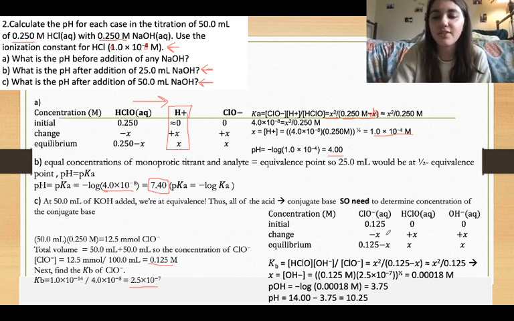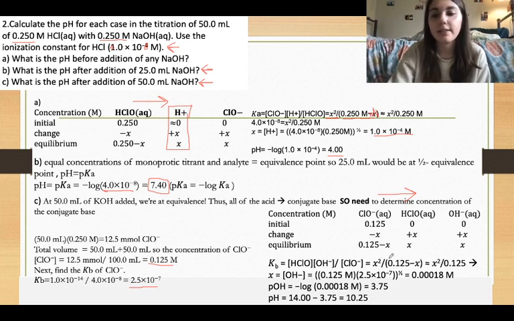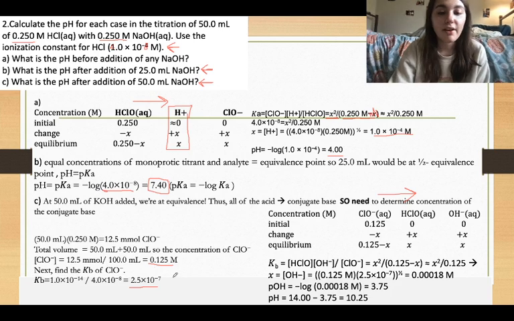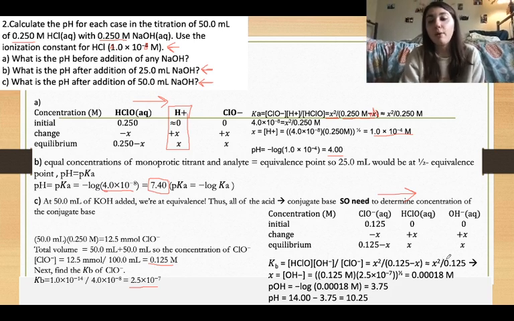I know I have 0 of each of these, so that's going to mean this is negative x because there's going to be a shift this way in equilibrium, plus x for these two. Add them down, create Kb's equilibrium constant equation, and then that's going to be x squared divided by 0.125 minus x. Again, 0.125 is much greater than 2.5 times 10 to the minus 7, and therefore I can ignore the x in the denominator.